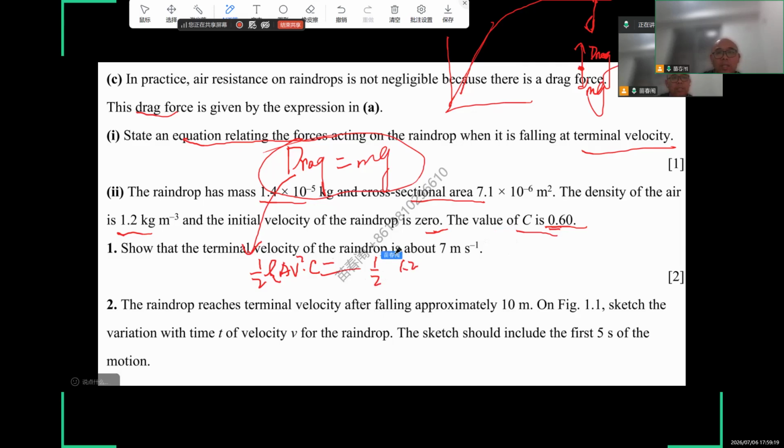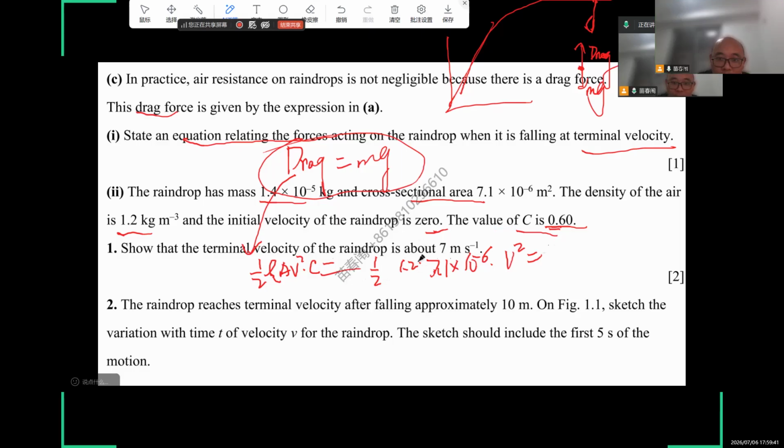Is this the SI units? I believe it's SI, so I can just forget about the units. 1.2 times that area, 7.1 times 10 to the negative 6, and times v squared, which is something I don't know, and it equals to that.